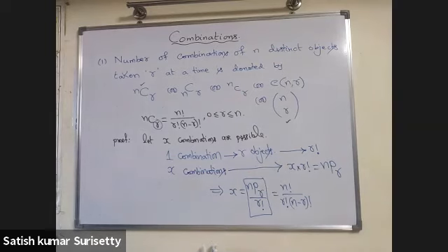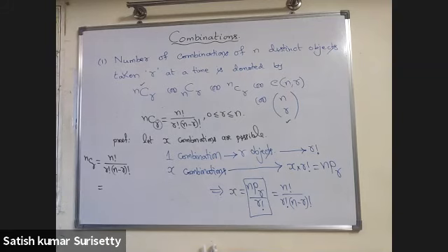That is, nCr equal to n factorial upon r factorial into n minus r factorial.